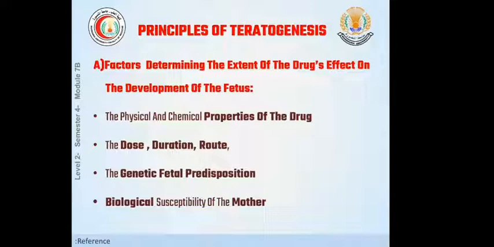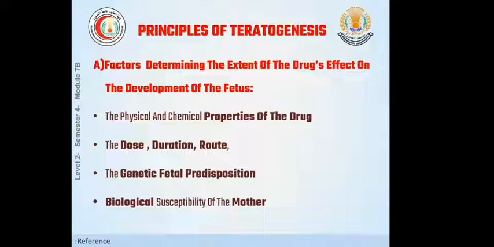Again, the factors determining the extent of the drug's effects on the development of the fetus: number 1, physicochemical properties of the drug. Number 2, the dose of the drug, so you must use the lowest effective dose in pregnancy. Number 3, the genetic fetal predisposition.